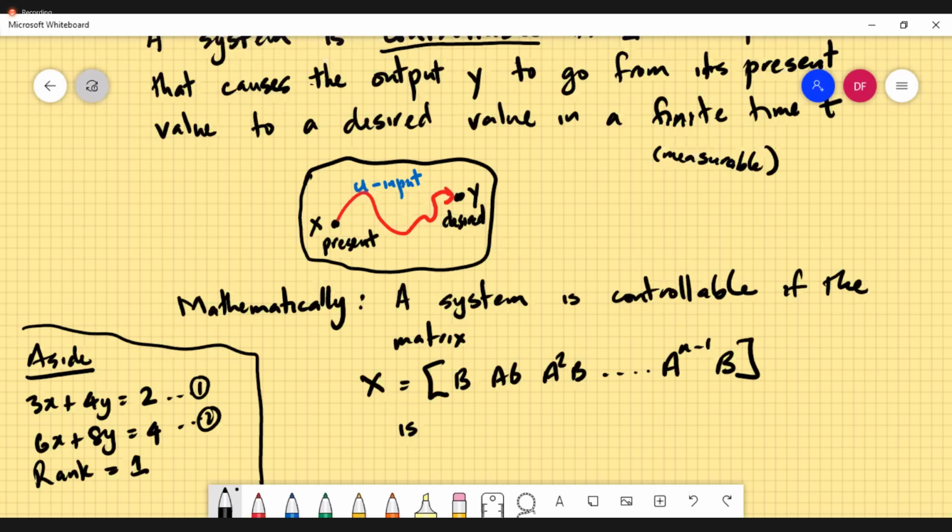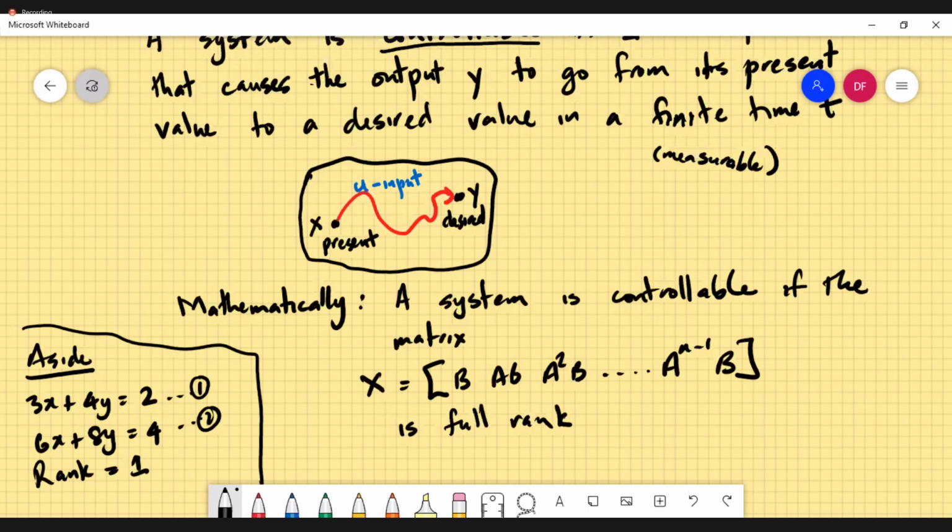So full rank means that the number of variables I have is the number of different equations that I have. So we can solve that equation.